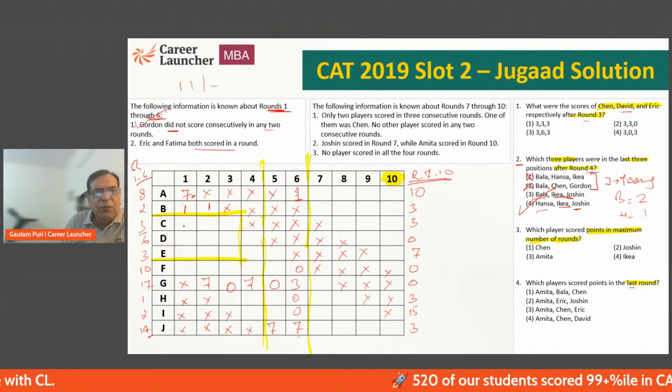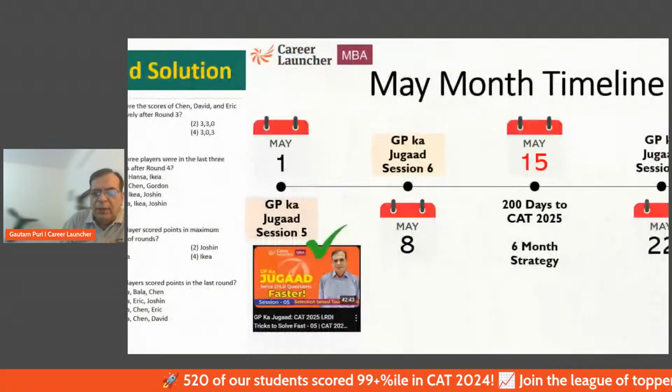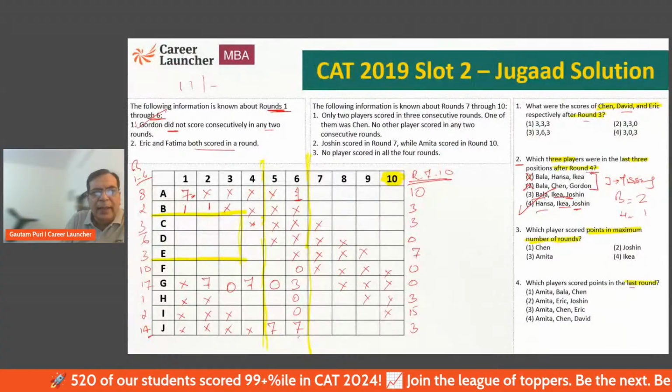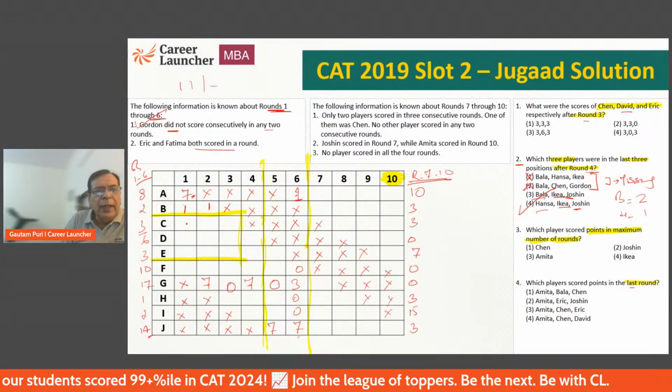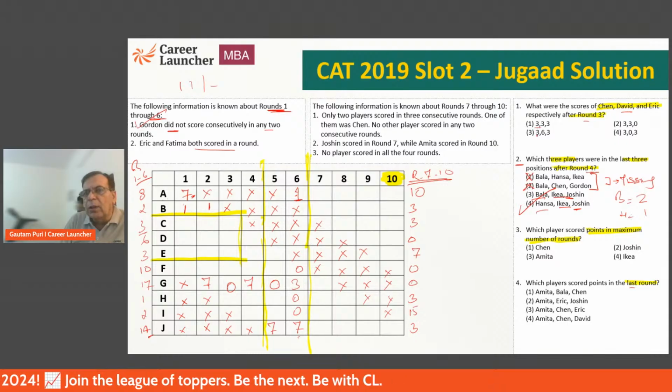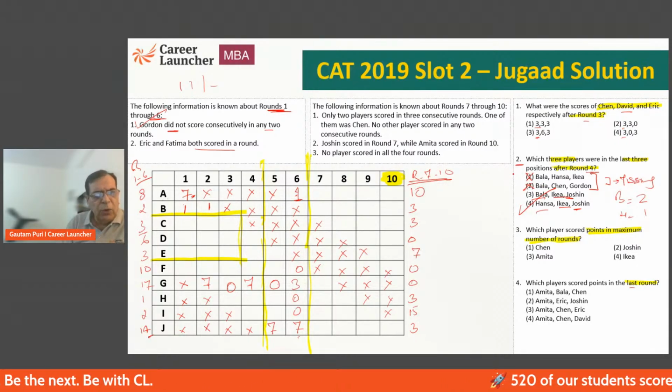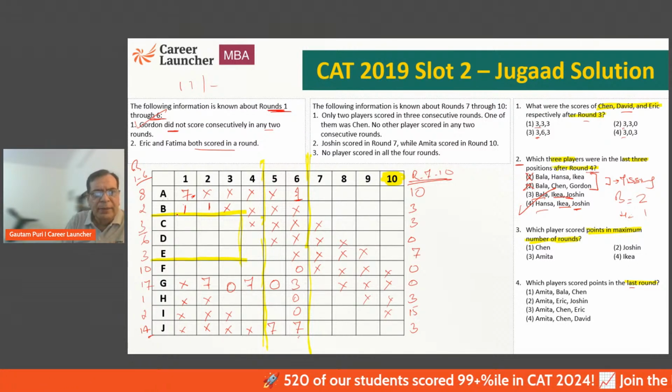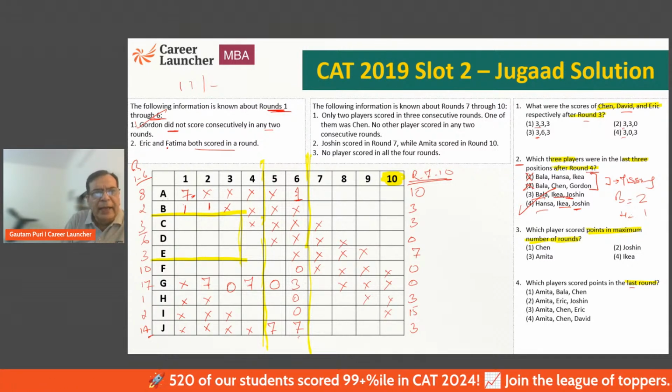So the only place where C can get the 1 is the third round. But that means C will not get any points in 4, 5, 6. So C can get only 3 points. Unfortunately, all the 4 choices are telling me 3 already, so this does not help me. No problem. Let's look at E and F, D and E.